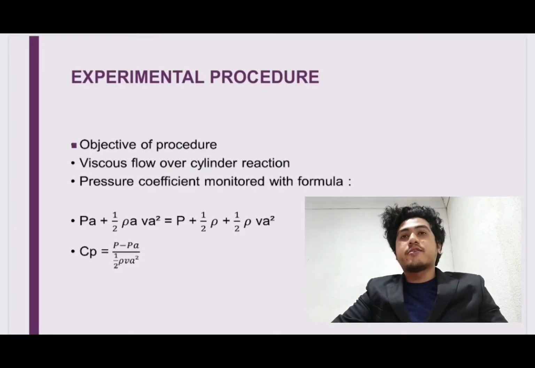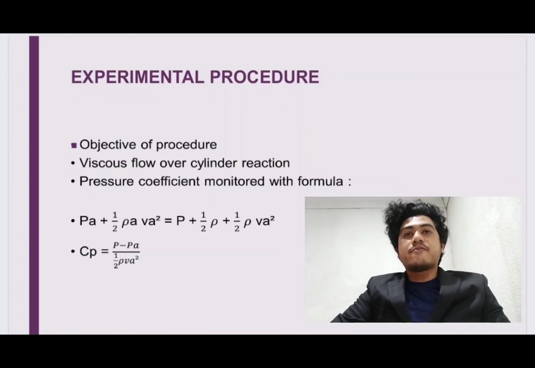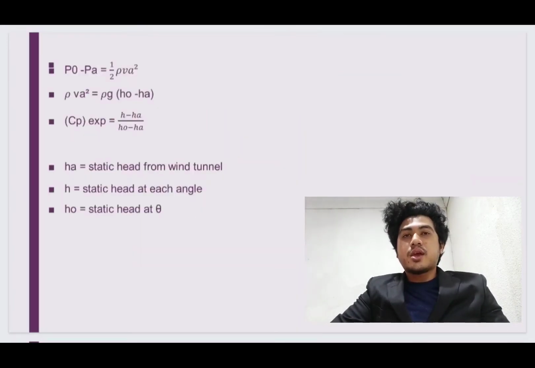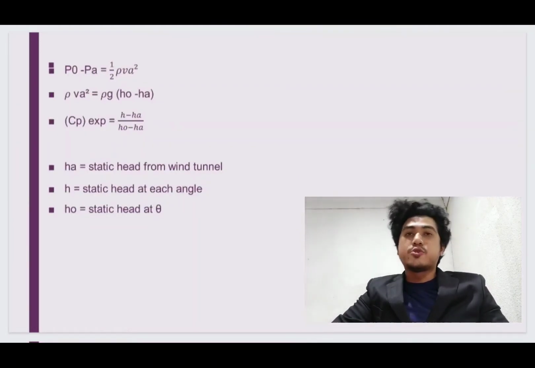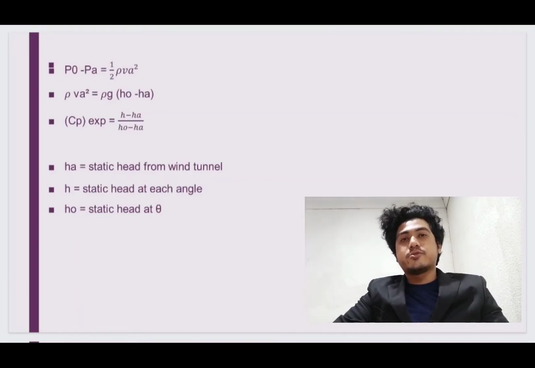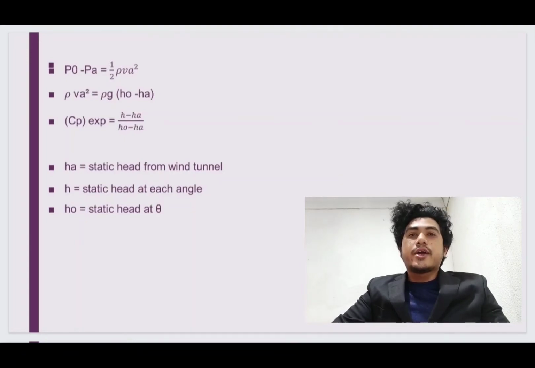The coefficient of pressure is CP equals P minus PA divided by half rho VA squared, and the differential of pressure P naught minus PA equals half rho VA squared, which equals rho g times the differential of H naught minus HA, so CP equals H minus HA divided by H naught minus HA.